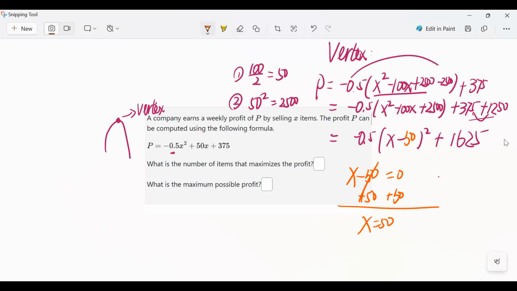The company just has to sell 50 items to get the maximum profit. Then from there, we plug 50 into the profit function to find the maximum profit. So 50 goes in there, we end up with 0 adding 1625. So the profit will be 1625.